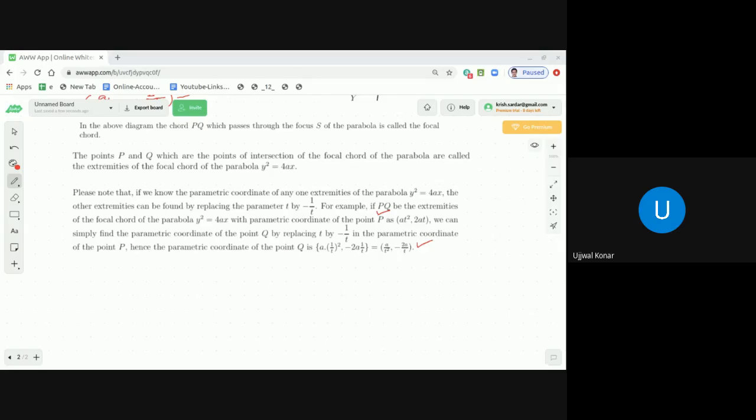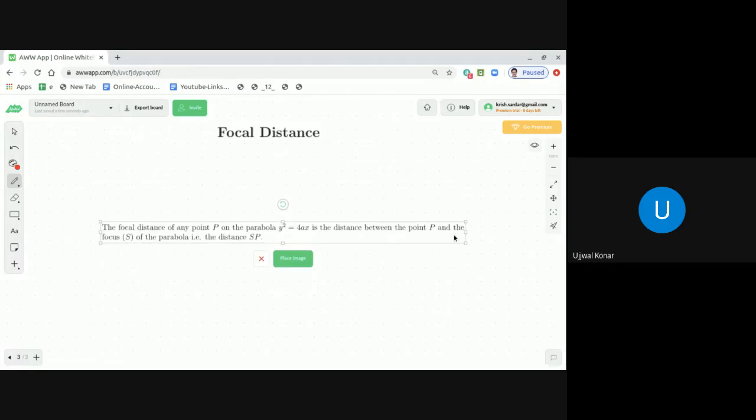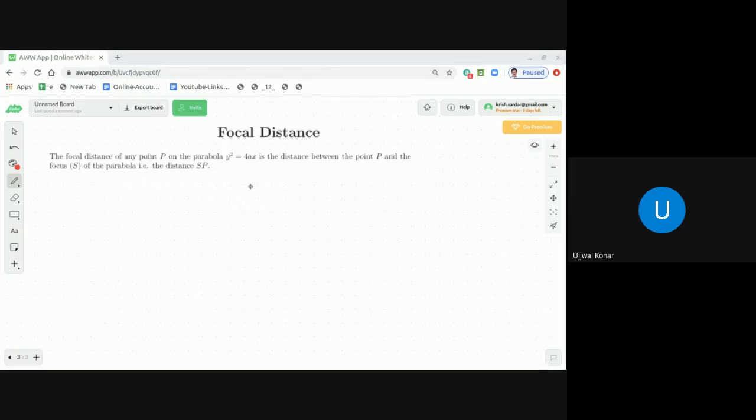Looking at the diagram, the focal distance of any point P on the parabola y square equal to 4ax is the distance between the point P and the focus of the parabola, that is the distance SP.